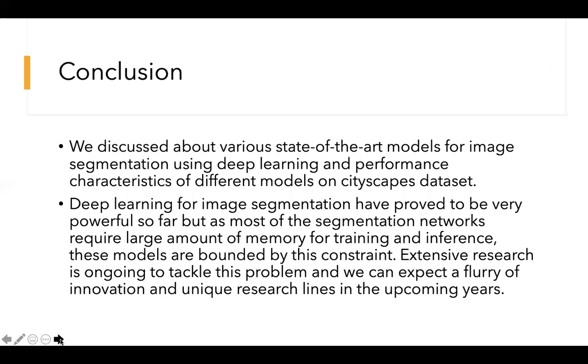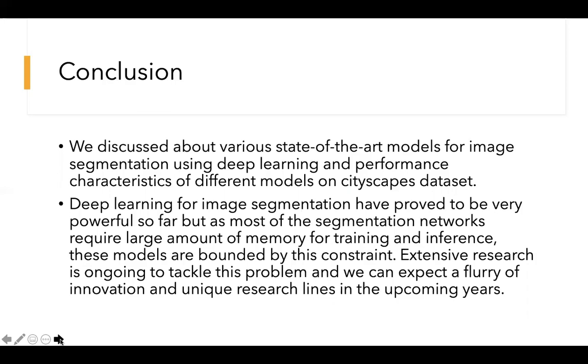So in this survey, we discussed various state-of-the-art models for image segmentation using deep learning. And we also talked about the performance characteristics of different models on the Cityscapes dataset. As we know, deep learning techniques are quite new in the field of image segmentation, but they have proved to be very powerful so far.